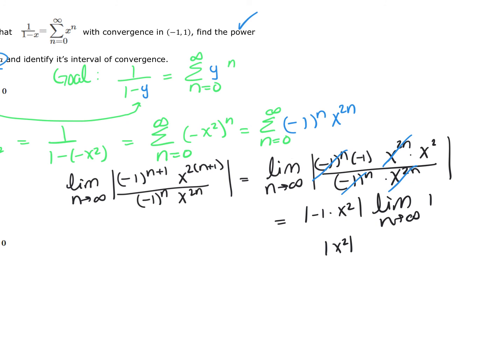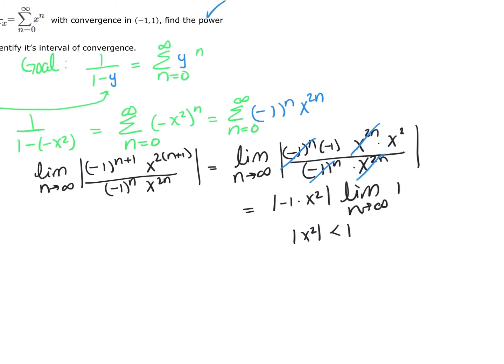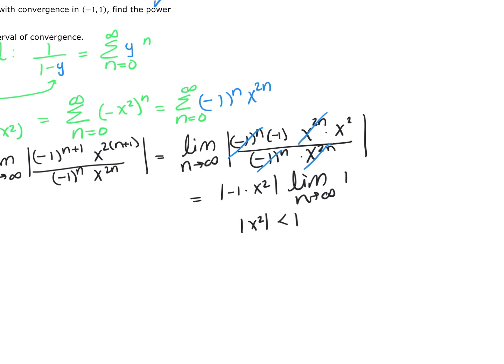which tells me that for this to converge, I need this to be less than 1. So my radius of convergence is going to be equal to 1 if I square root both sides. Well, can't really square root over an inequality, but we're going to go with 1.